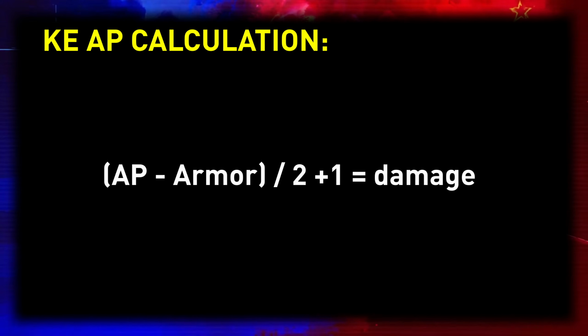Okay, what about kinetic energy rounds, which are the standard rounds you would fire from a tank? Well, this damage calculation is very straightforward. We've pretty much already done it once. It is simply the AP minus the armor, divide that result by 2, and then add 1, which gives you your damage.